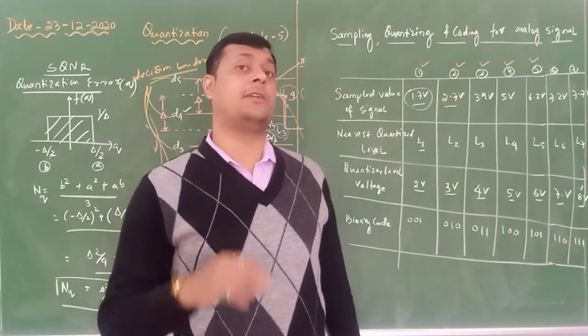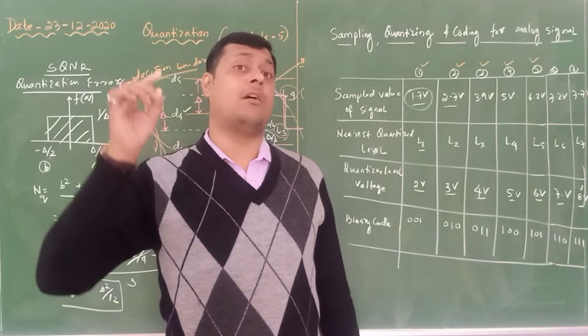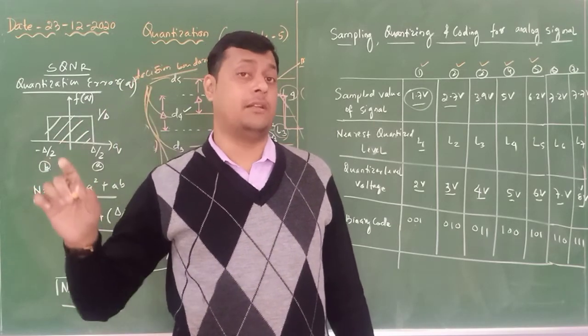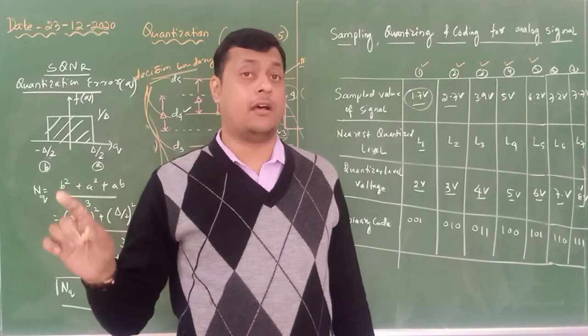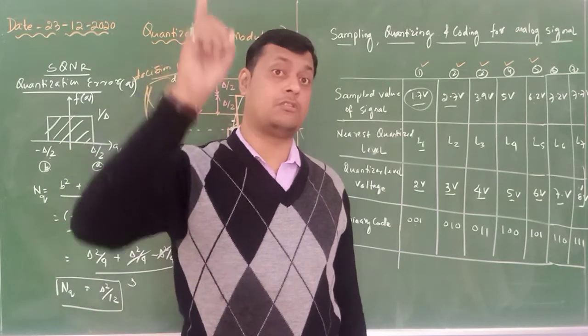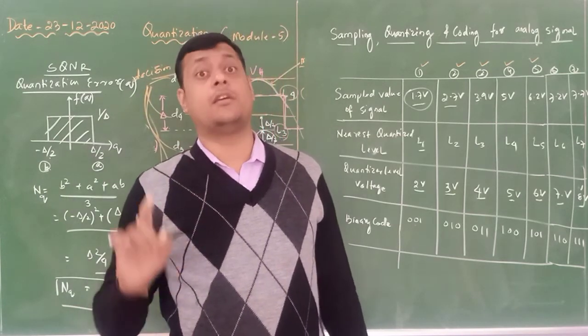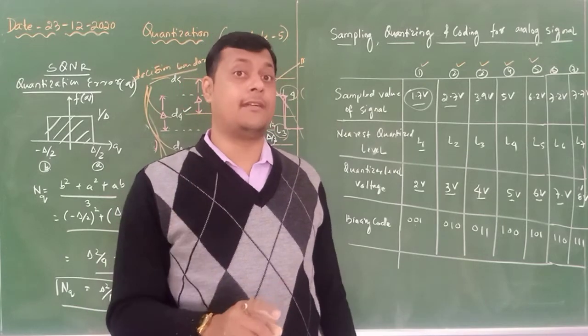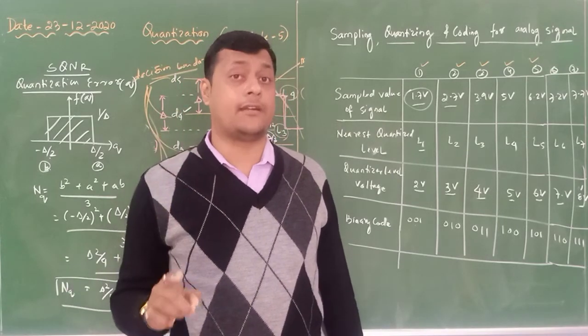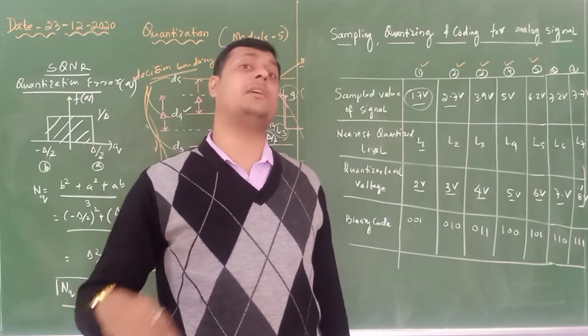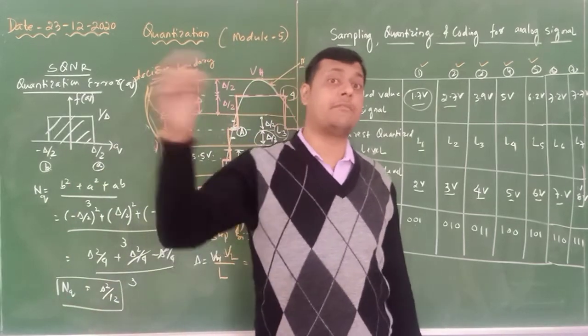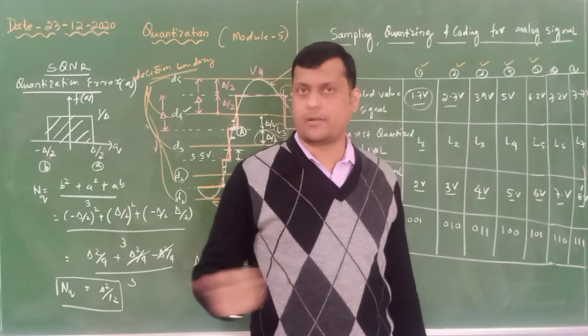But if you are transmitting 9 data, you have to use 2 to the power 4, so 16 levels must be there. In order to transmit 9 data, you have to create 16 levels. 16 levels means the remaining 7 levels will remain unused, no problem.